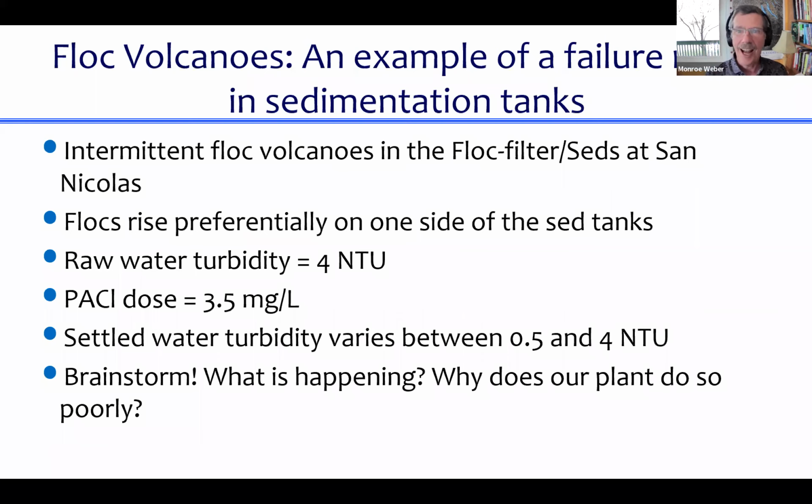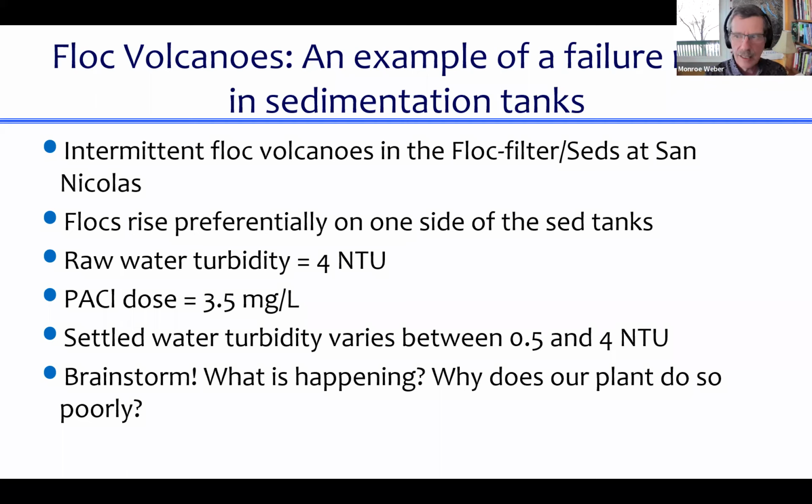Okay, so now I want to present this idea of things that can go wrong. Here's a thing that we ran into early on, where we had what we called floc volcanoes. You'd look at the sedimentation tank and see places where flocs were just coming up, right up through the plate settlers and all the way to the top of the water in the tank.